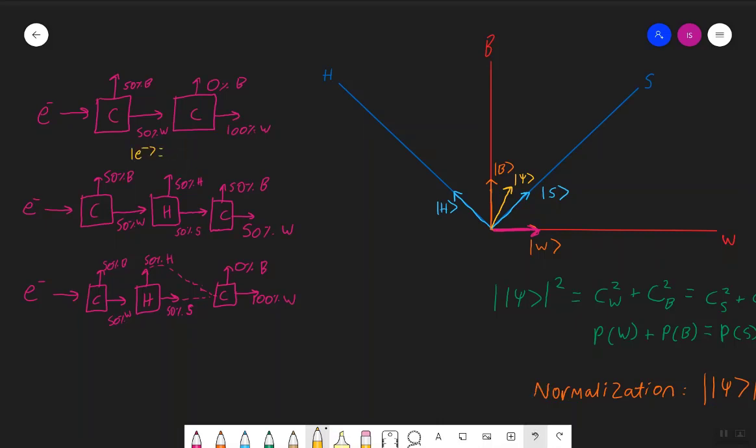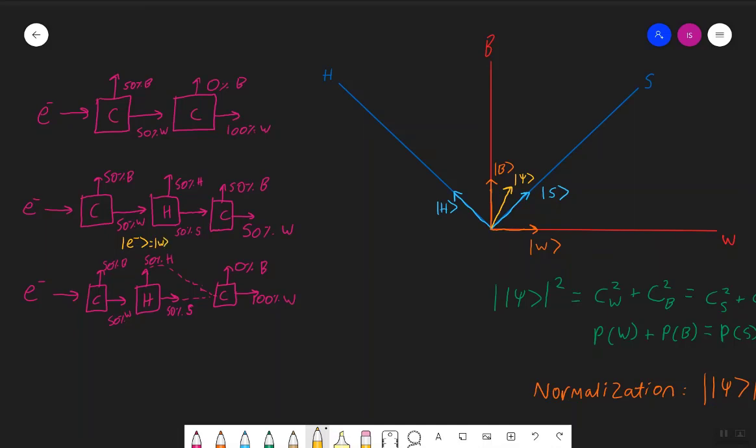Okay, so now let's go to our next case of the Stern-Gerlach experiment. Actually, sorry, I'm going to undo a few things. Okay, so now we measure the particle to be in this state, to be white. So we take all the white particles. The state of the electron is white.